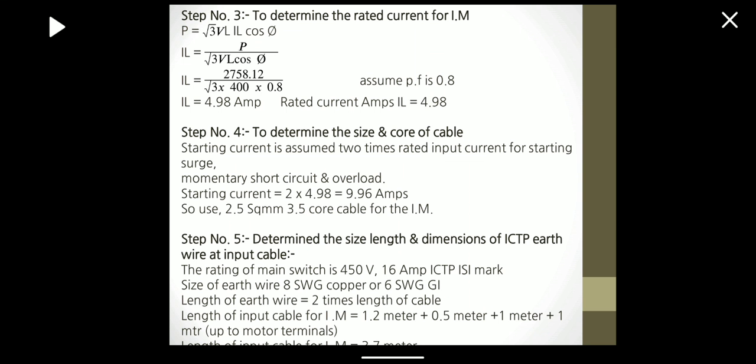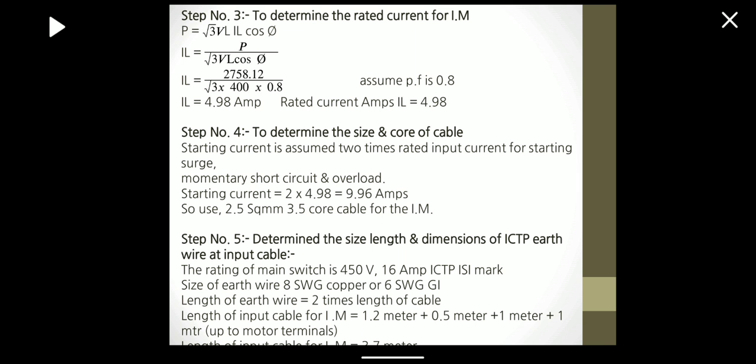So IL is equal to P divided by root 3 VL cos phi. So P is 2758.12 divided by root 3 into VL, which is 400 because of the 3 phase, into 0.8. So the calculated current is 4.98. So the rated input current is 4.98.